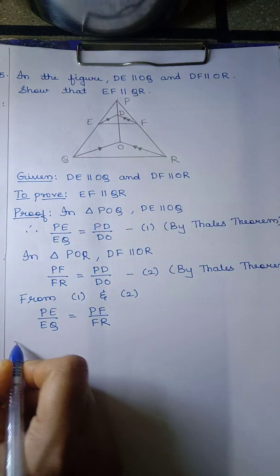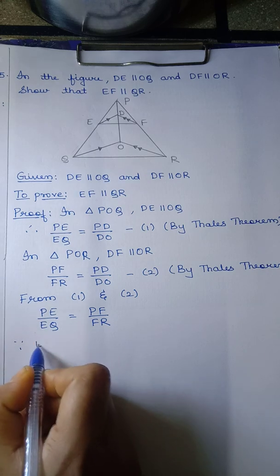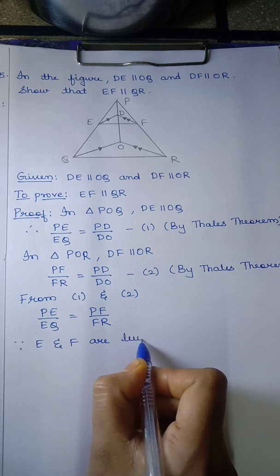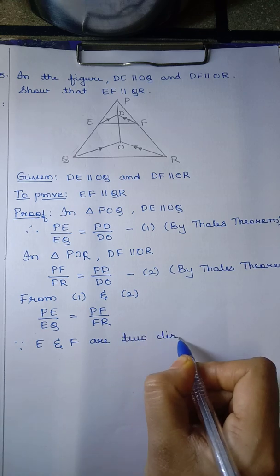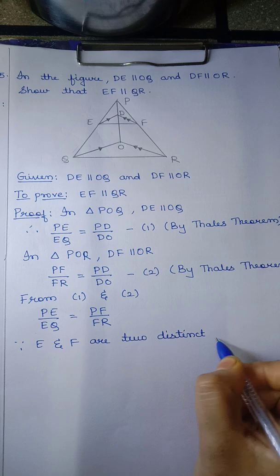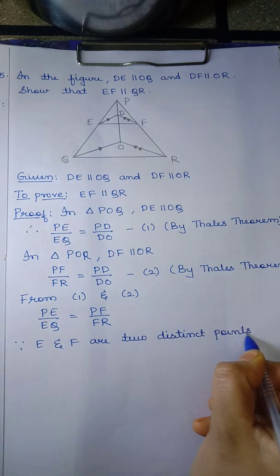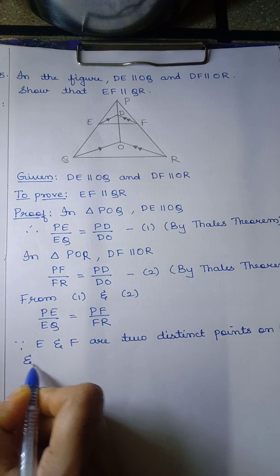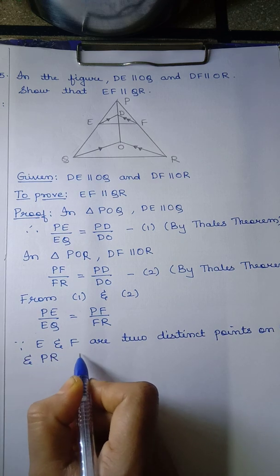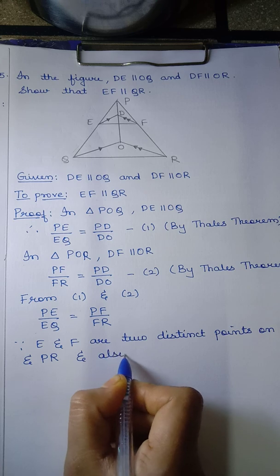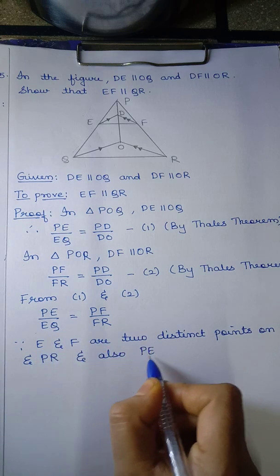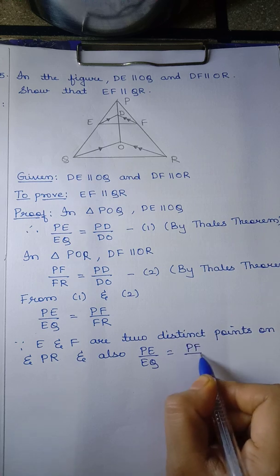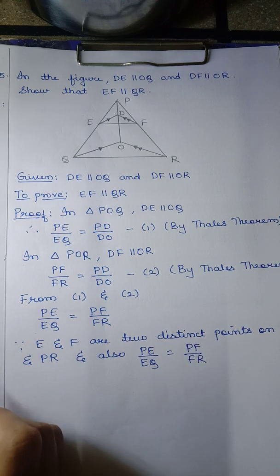Okay, so write, because E and F are two distinct points on PQ and PR, and also we proved PE by EQ is equals to PF by FR.